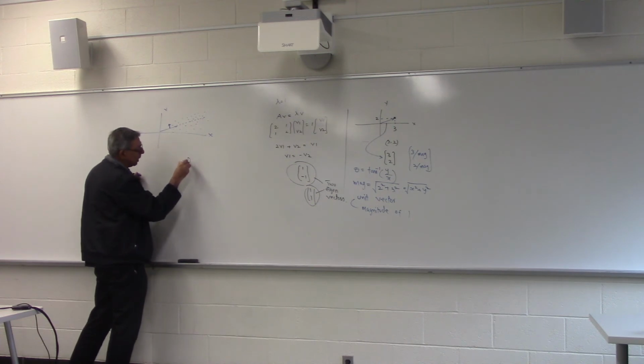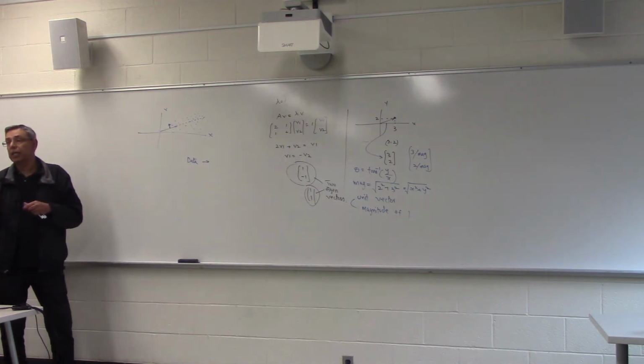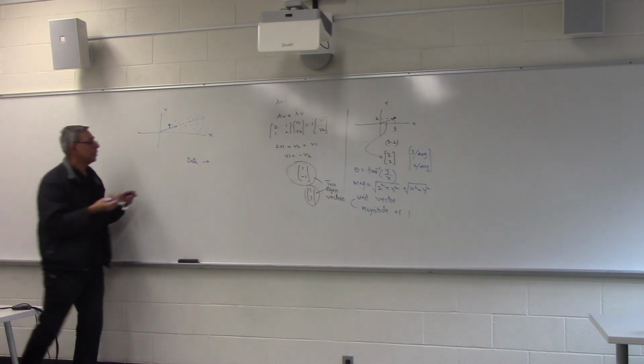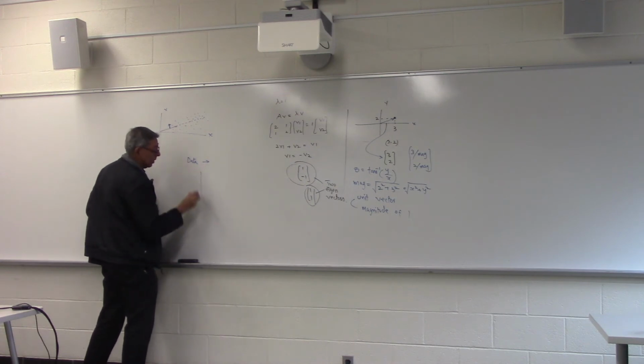So if we are given some data, let's say in the two-dimensional space, then it will give us basically two eigenvectors. One of the eigenvectors will be pointing in the direction of the data.